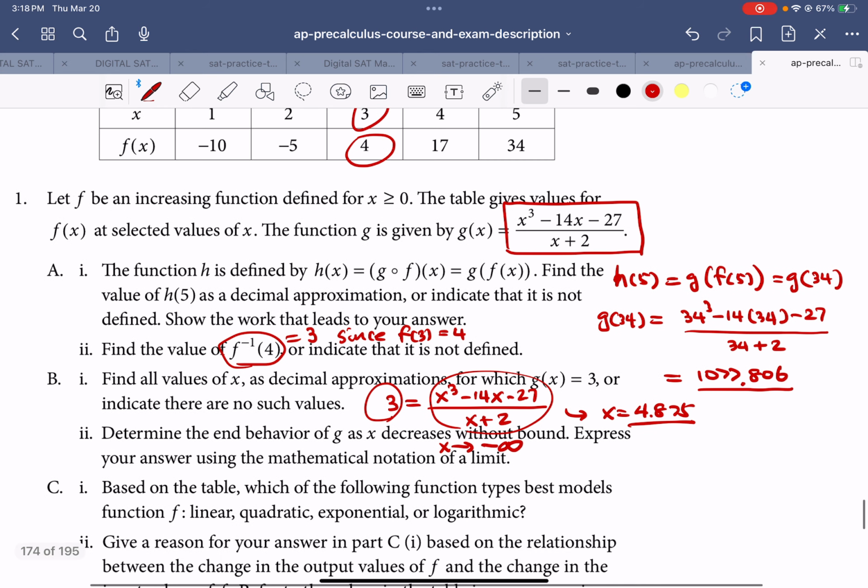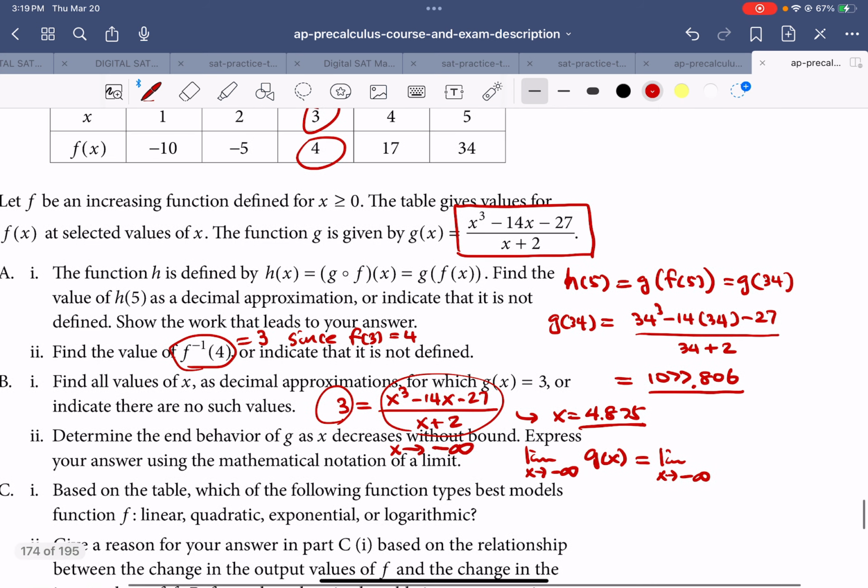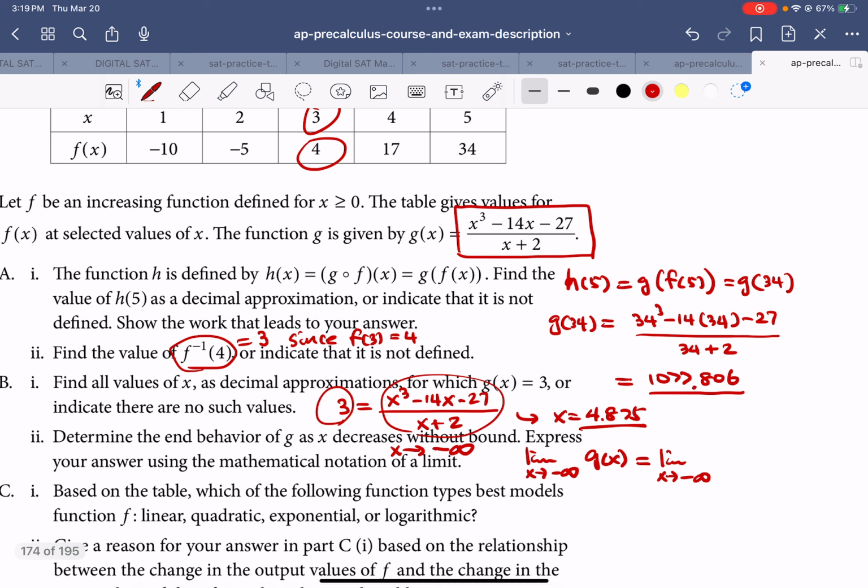So you write it this way: limit as x approaches negative infinity of g of x. And g of x is x cubed minus 14x minus 27 all over x plus 2.